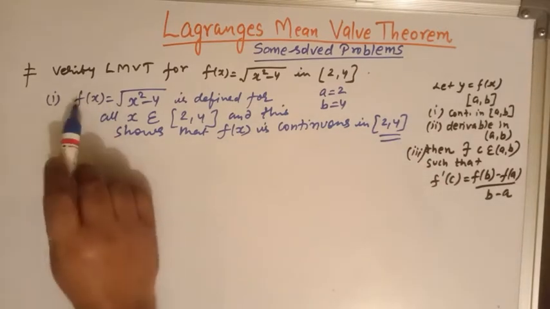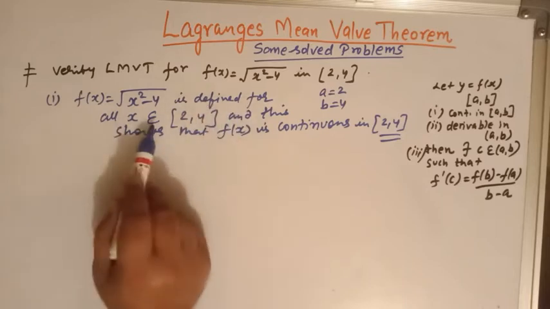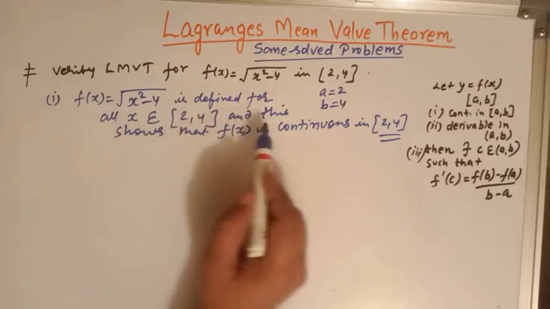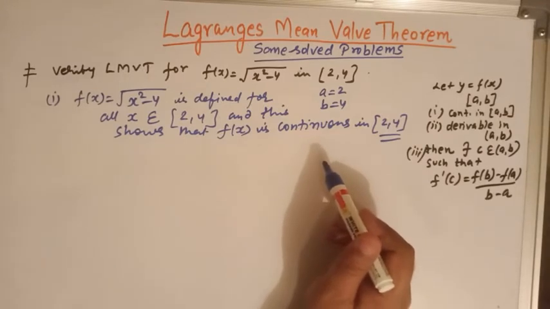Clear? So this function, which is a square root function, is defined for all x belonging to [2, 4], and this shows that f(x) is continuous in [2, 4].